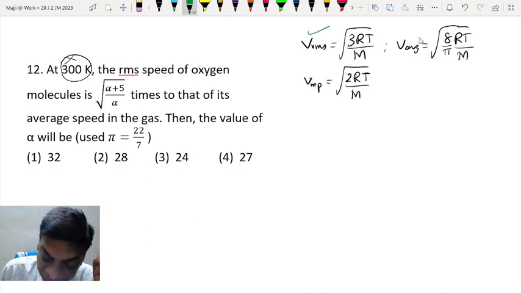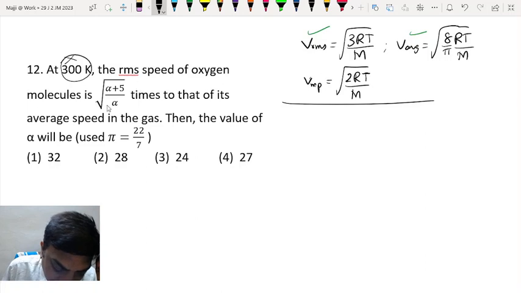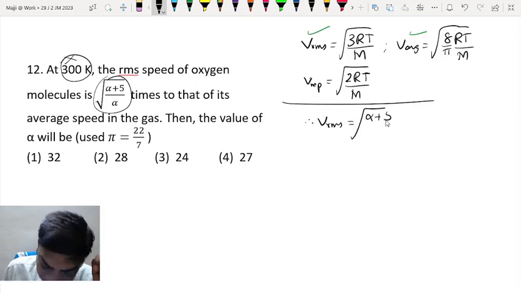So here we are interested in these two things. It has been given that vrms is this much times of v average. In other words, vrms is under root of (alpha plus 5) divided by alpha times v average. That is what is given to us in the question.